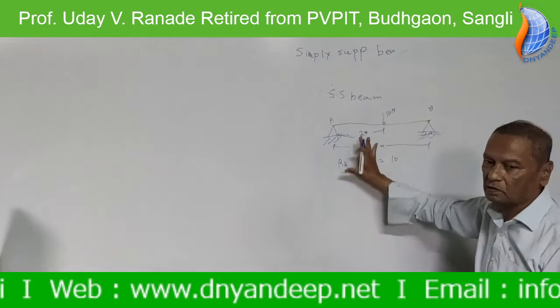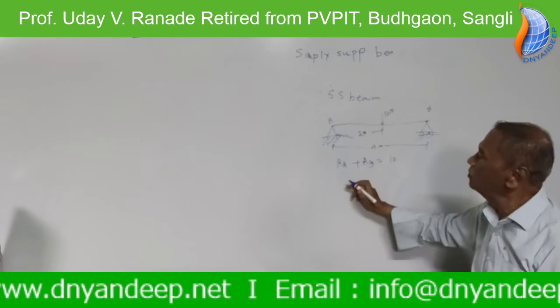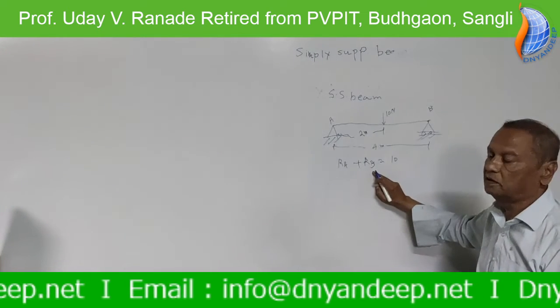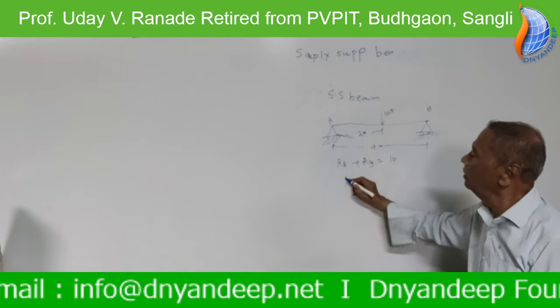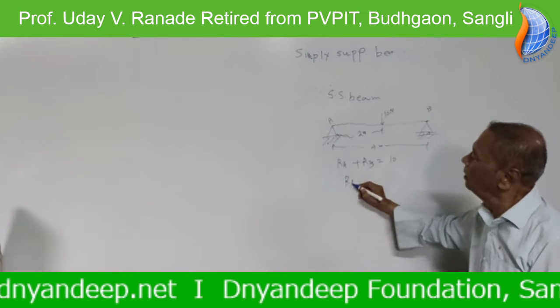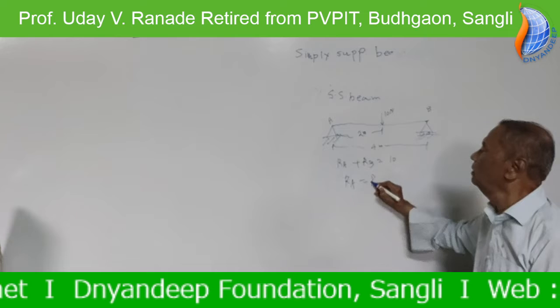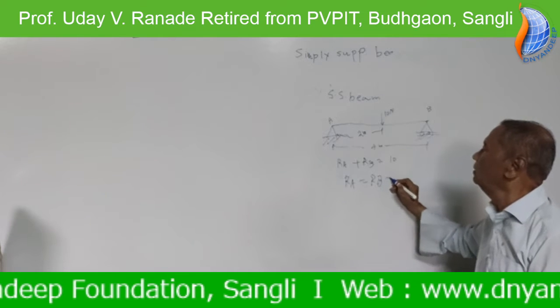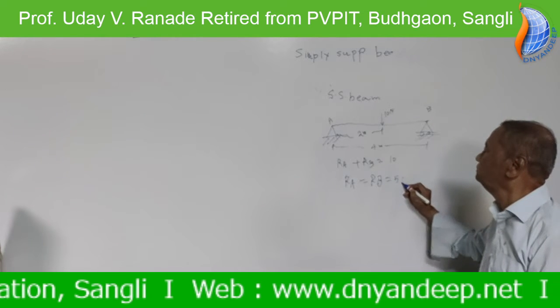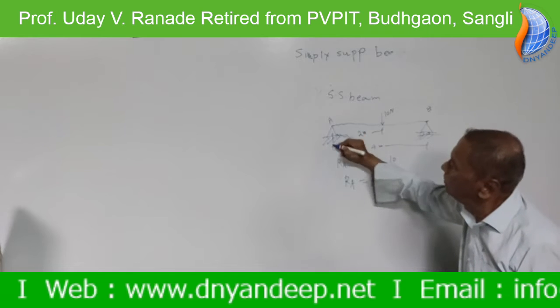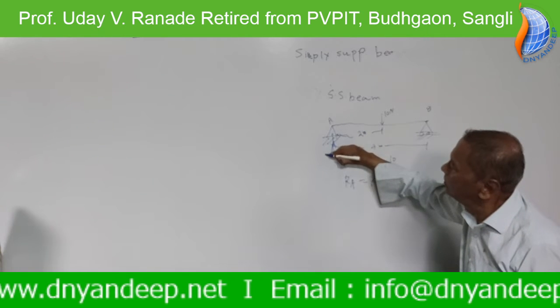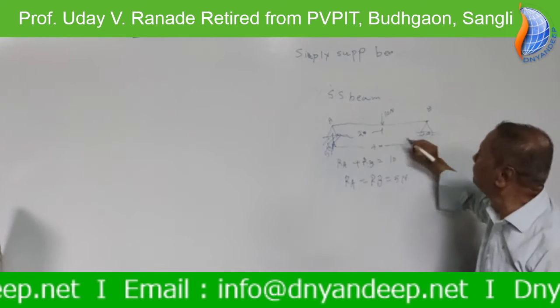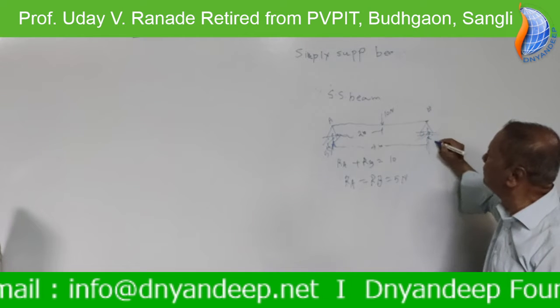I don't go in to make more equations. So each reaction is equal. Therefore, RA equal to RB equal to 5 Newton. So here 5 Newton reaction, here 5 Newton.